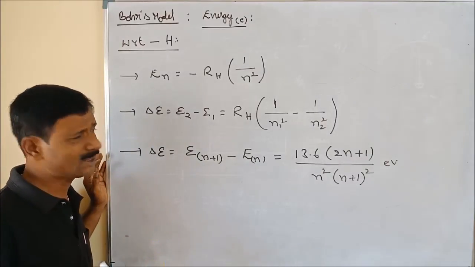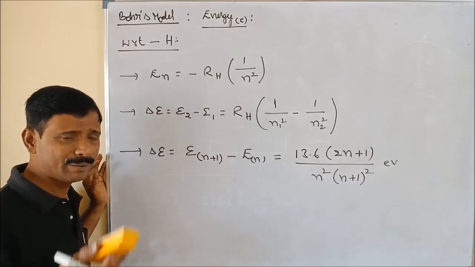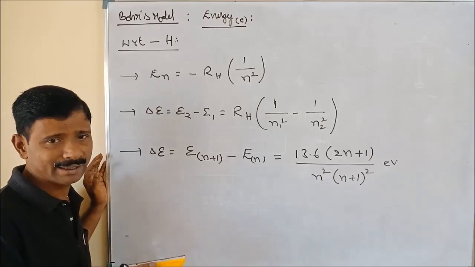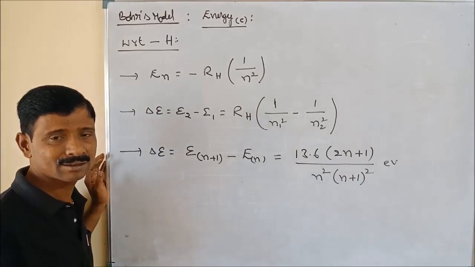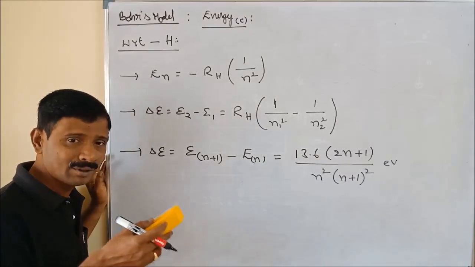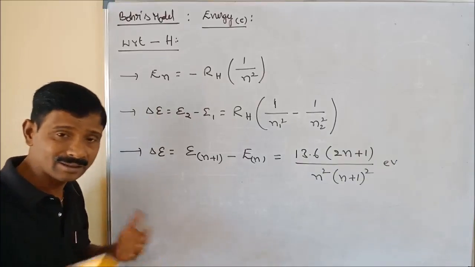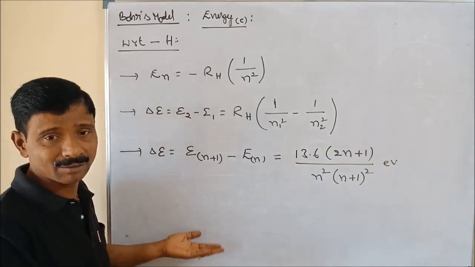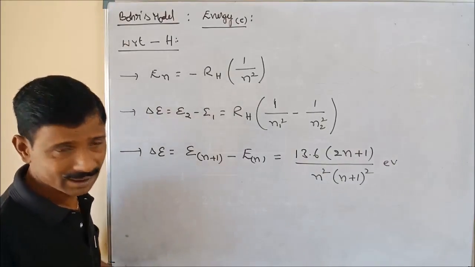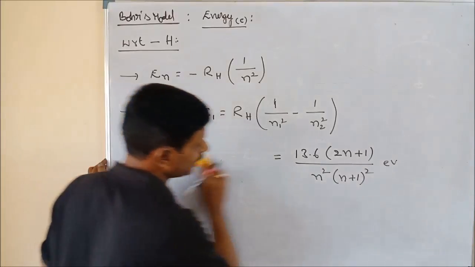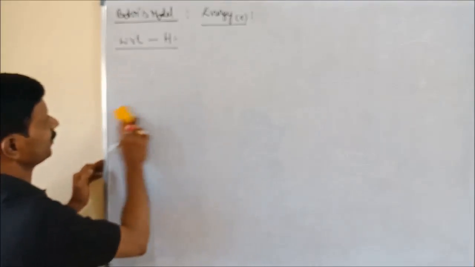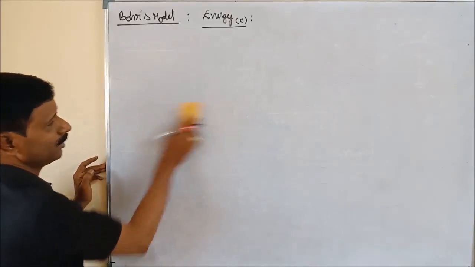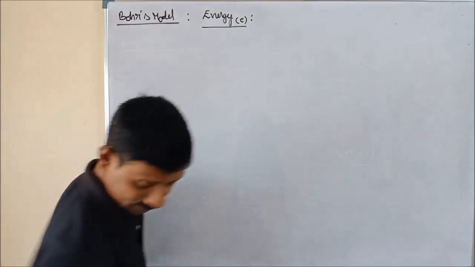Here, generally, we will expect the questions which are related with energy and radius, or sometimes you have to find out velocity and everything. Since we did complete velocity, we will come to that later. Now, one of the important models here. Suppose here I am going to give two important models.